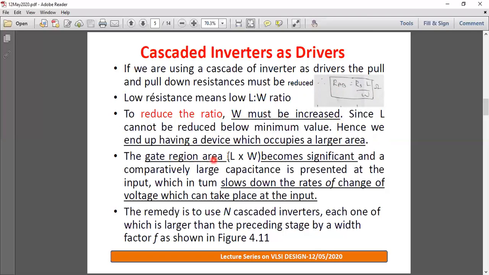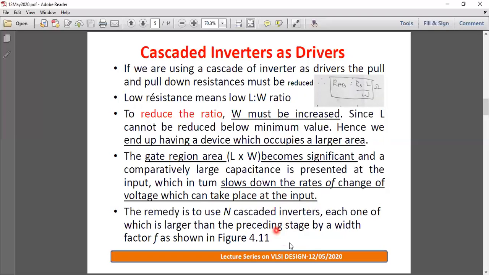That is, if width is increased, the chip area is increased. And if the width is increased, then the input capacitance is large, which in turn will slow down the rate of change of voltage which can take place at input.